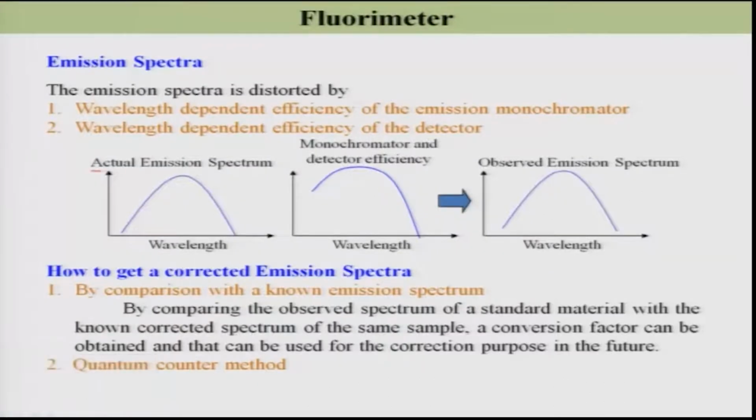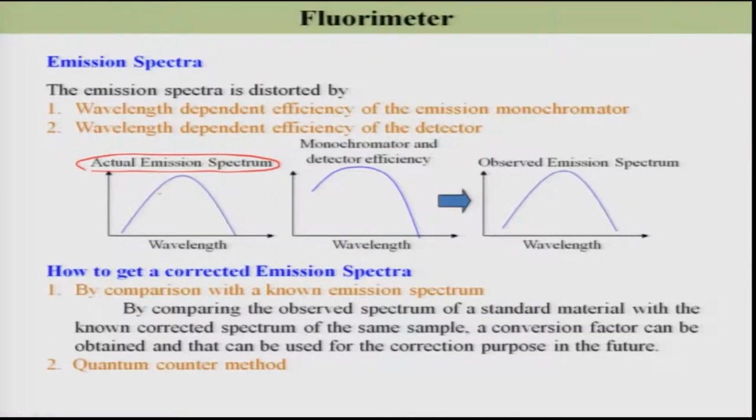So this is the actual emission spectrum of your species, but together the monochromator and detector efficiencies are not ideal, it is like this kind of shape. Then this shape will be multiplied with this and you will get your emission spectrum accordingly.